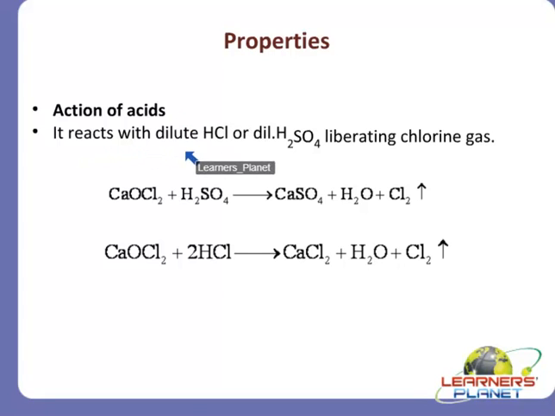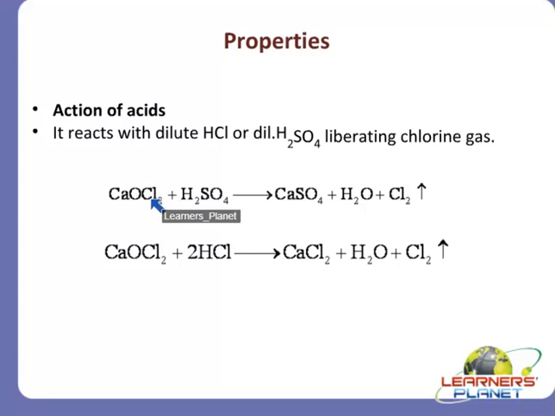Let's move to our next property, that is action of acids on bleaching powder. It reacts with dilute hydrochloric acid or dilute sulfuric acid, liberating what? Chlorine gas. Right. So in the beginning I told you that bleaching powder has bleaching properties due to the presence of chlorine gas. Clear?